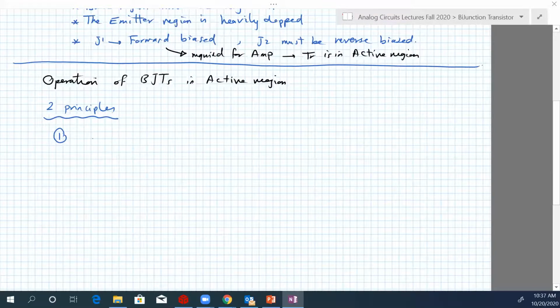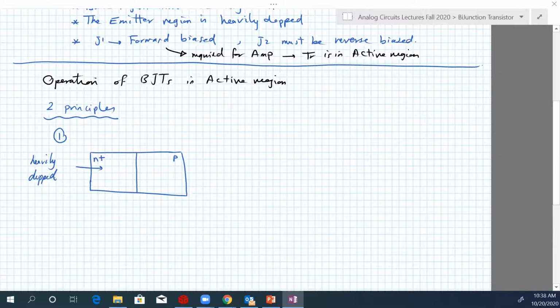if you have a PN junction like this, here is P, here is N, and the N region is heavily doped. You remember, guys, we said that there are two currents: electron current and hole current.